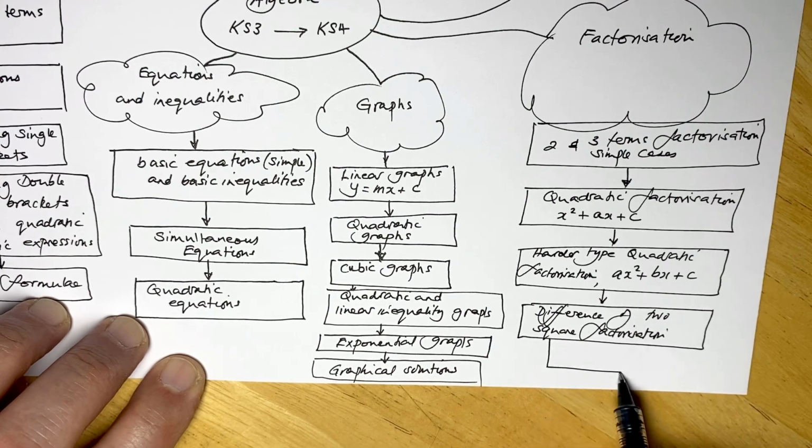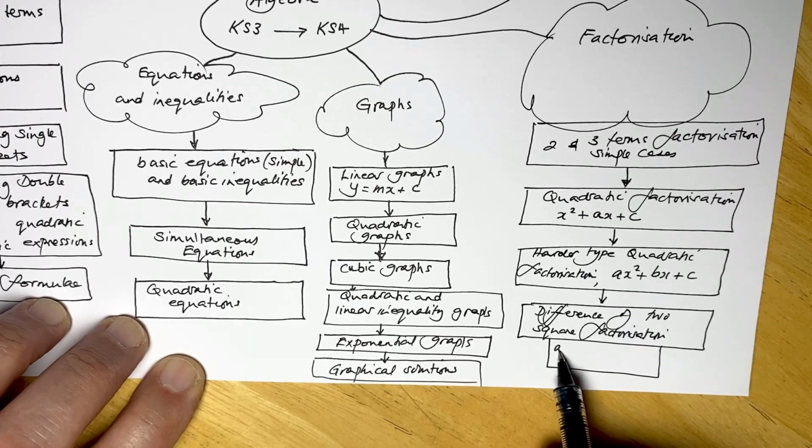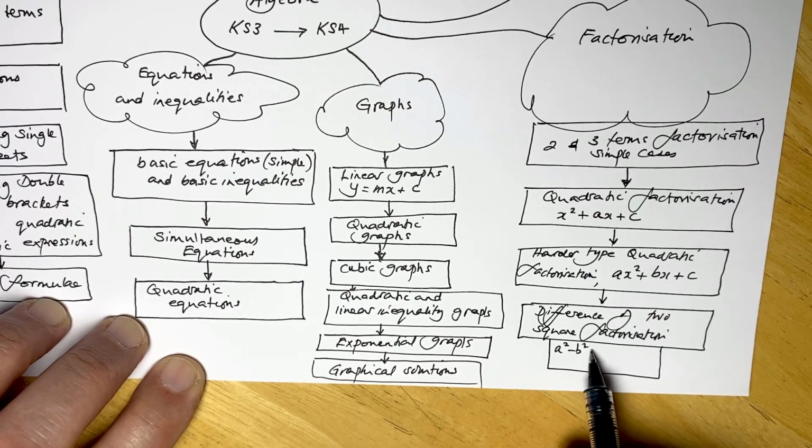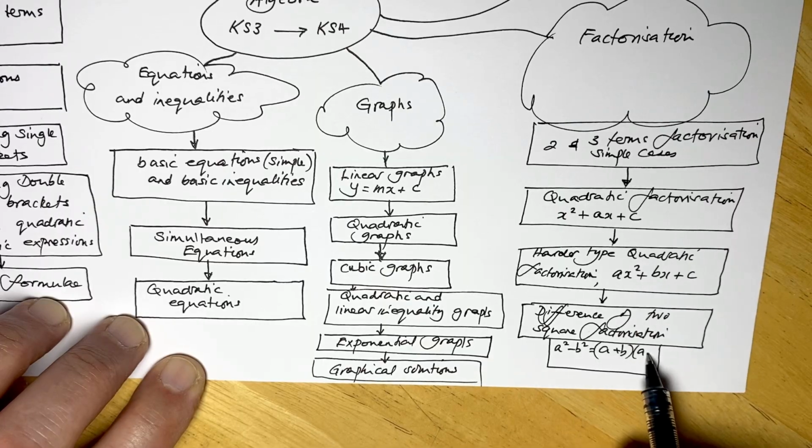That means a squared minus b squared equals a plus b, a minus b.